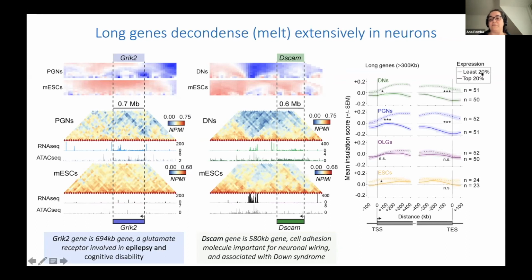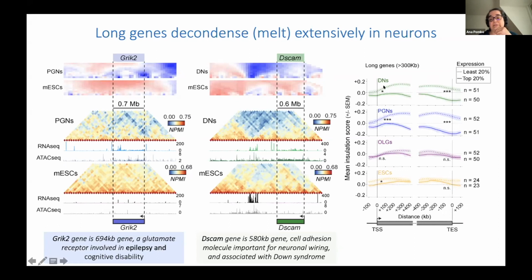So as a first exploration, we took the most expressed genes in each cell type or the least expressed, and we mapped the insulation across the coding region, starting from the TSS all the way to the TES. And we could indeed see that for the most expressed genes, here in the darker line, the whole coding region tends to lose insulation.